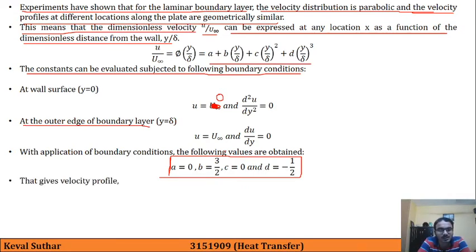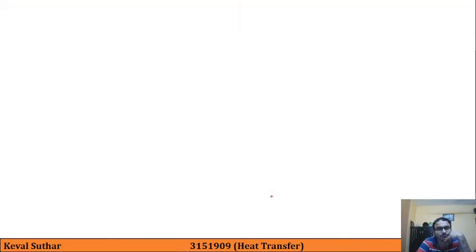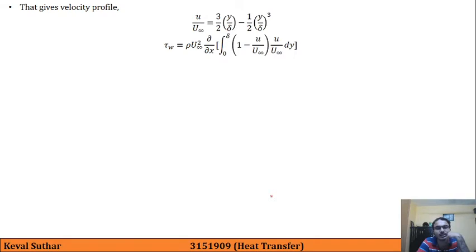Now this gives us velocity profile like this, that is u upon u infinity is equal to 3 by 2 y by delta minus half y upon delta cube. So that gives velocity profile. So simply I have repeated this formula again, and based on that now we are in a position to obtain the value of shear stress. So combining these two equations we can obtain this value.